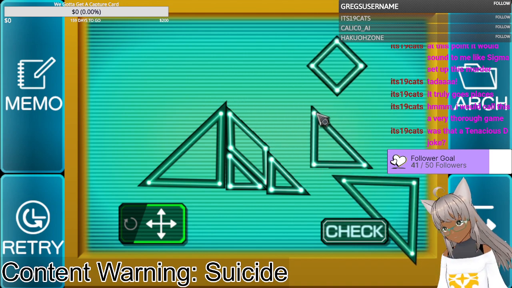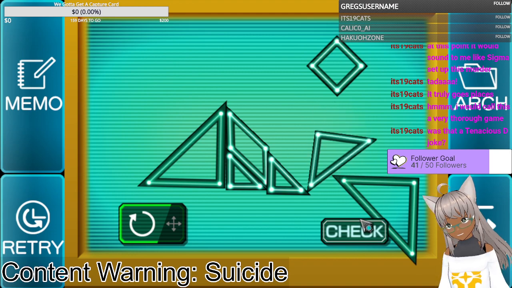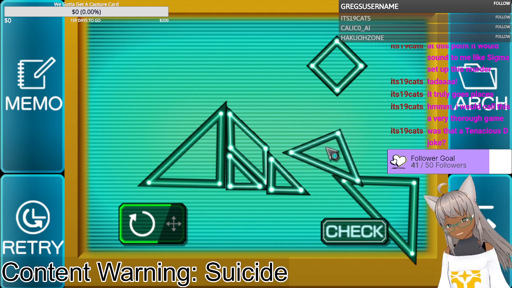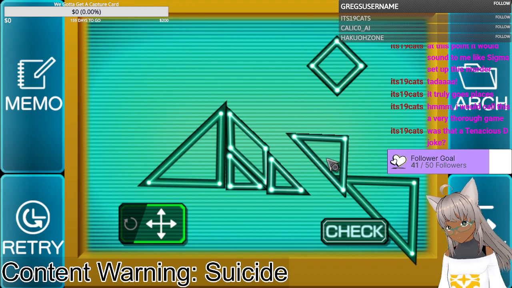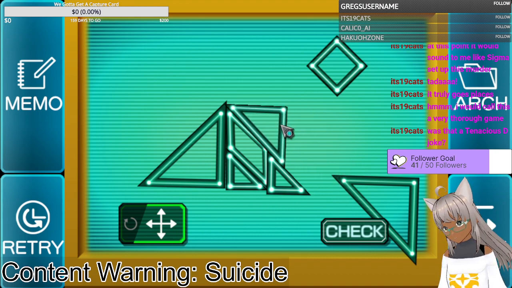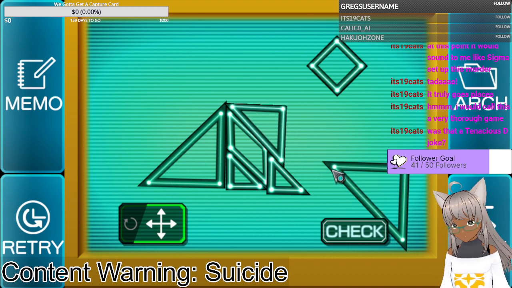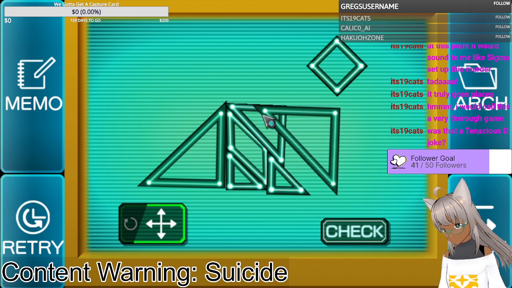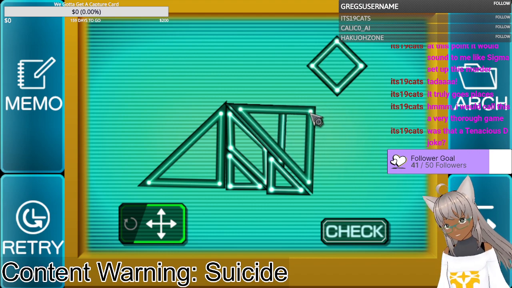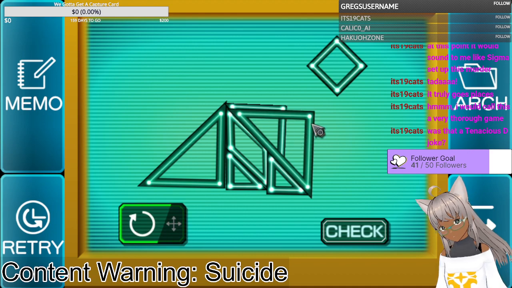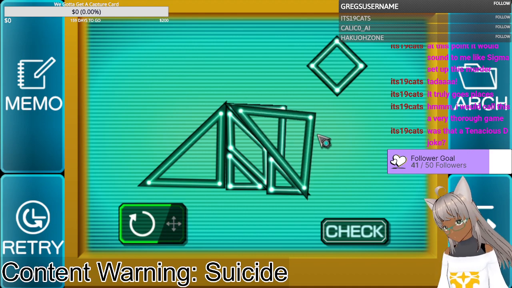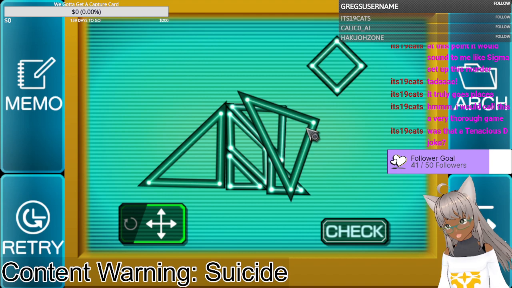Maybe instead we can build the square like this. Wait. Who says I have to use all of them non-overlapping?